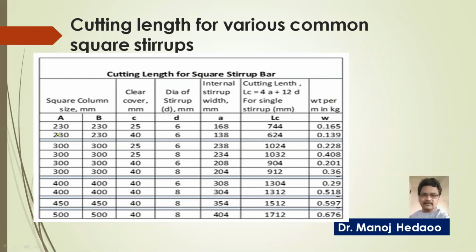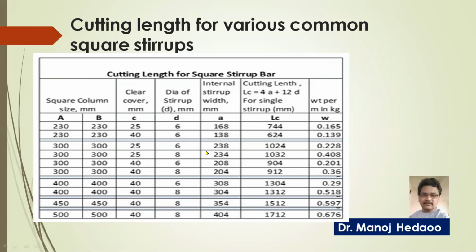So again, with the same column, if the cover is 40, generally the cover is maintained as 40 mm. Again for this 6 mm diameter, the length is 624 mm. Another group is the 300 by 300 column for 25 mm cover and 40 mm cover, for 6 mm diameter of stirrup and 8 mm.